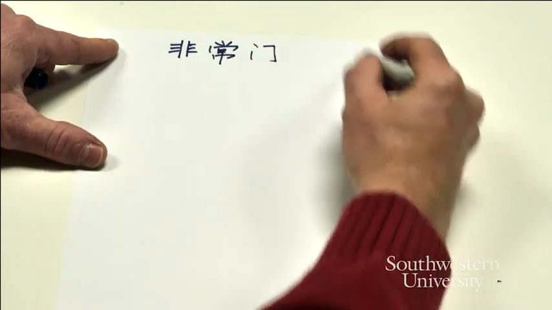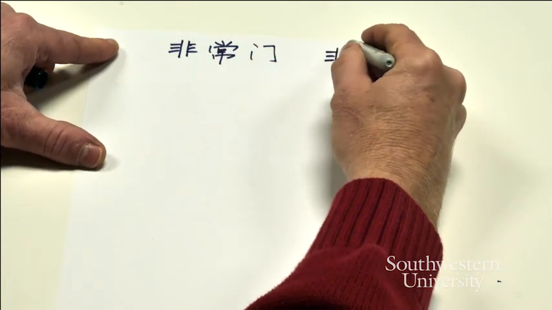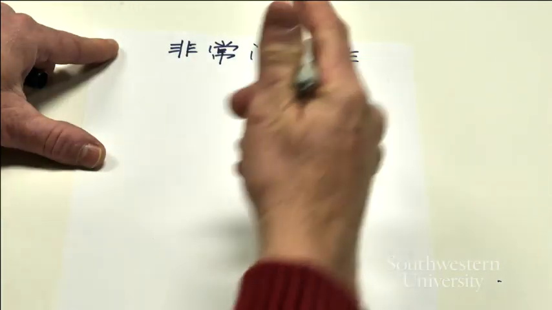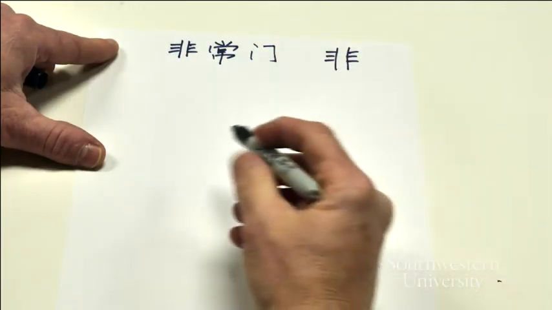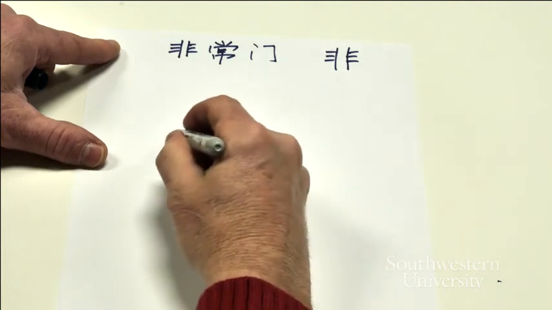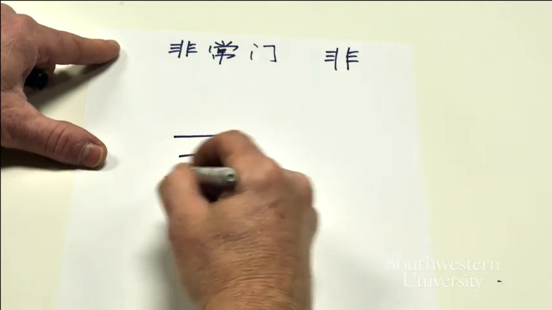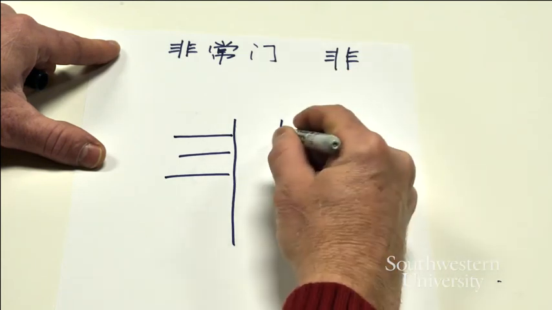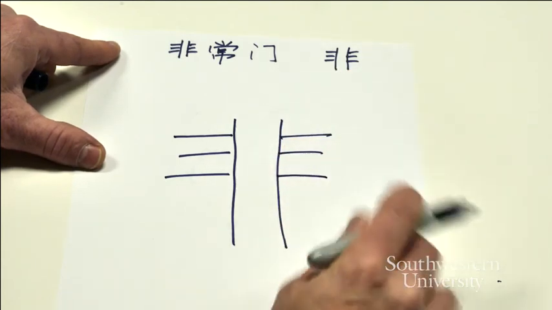So fei originally was a depiction of onion shoots coming up out of the ground, and then was adapted because of its sound. Heng, heng, heng, shu, shu, heng, heng, heng, fei.